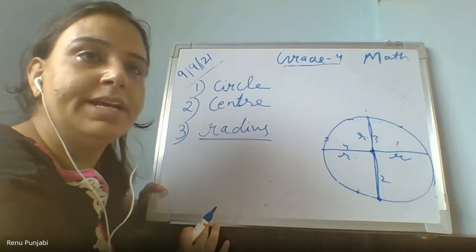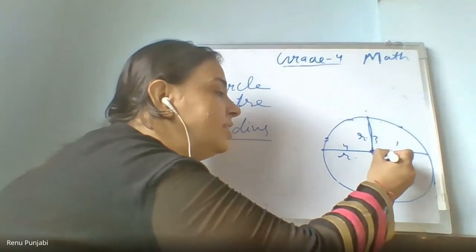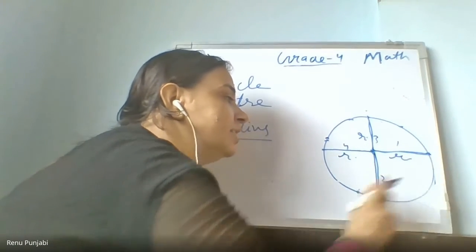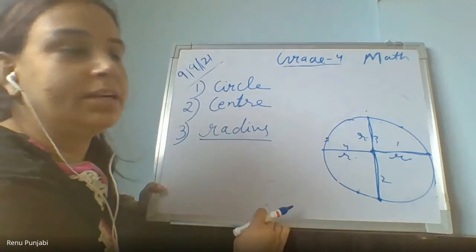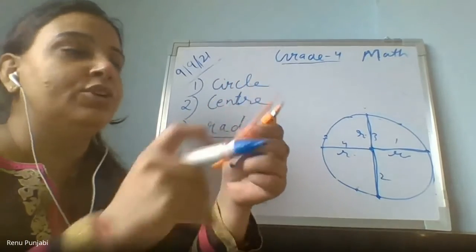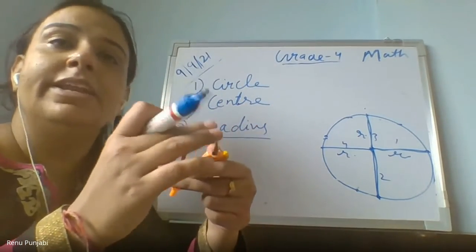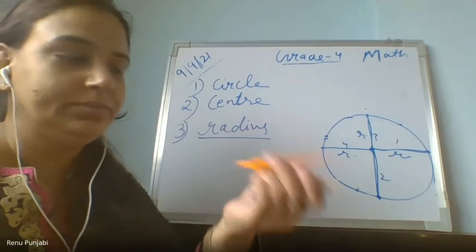Got it? What is radius? A line segment that starts from the center of the circle and goes to the boundary of the circle is the radius of the circle. And always remember, when you are opening the compass and drawing the circle, this length is the radius of the circle.